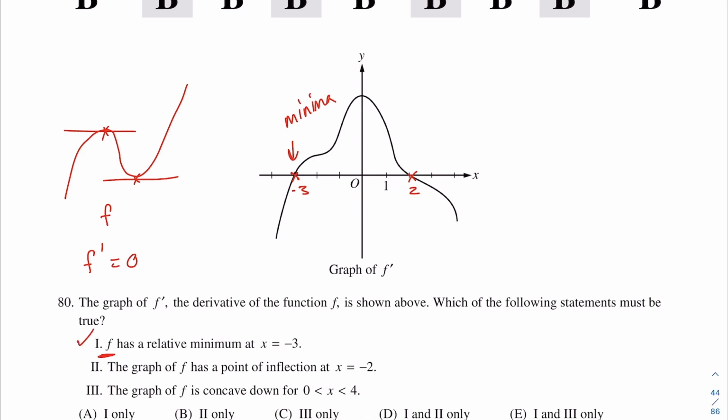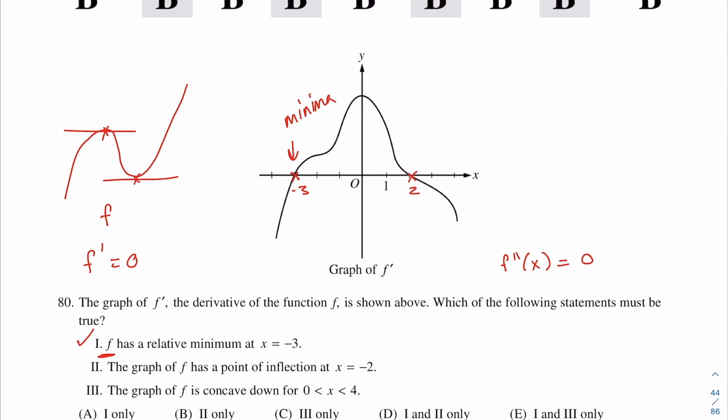Okay. Now for statement 2, the graph of f has a point of inflection at x equals -2. So if you remember from your math class, points of inflection occur when f double prime of x is equal to 0.